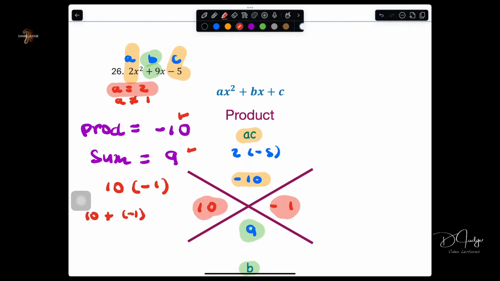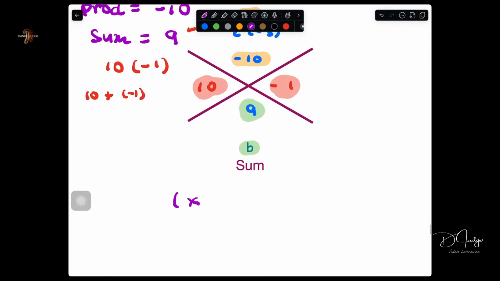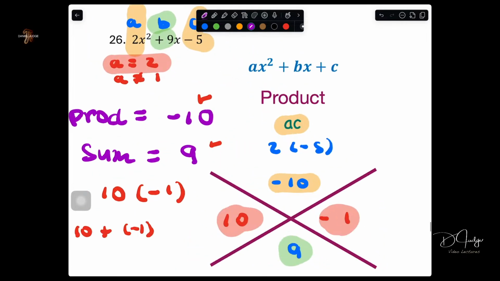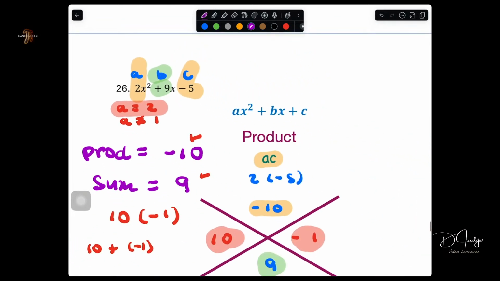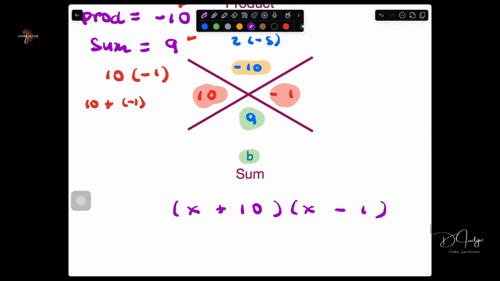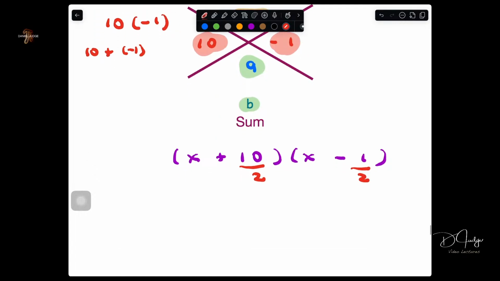These are the two numbers. All right. So we'll put down x plus 10 and then x minus 1. A is 2. So we have to divide both of those numbers we found by 2. See where there's a whole number answer. See where there's a decimal answer. And 10 divided by 2, by the way, is a nice whole number. So it's x plus 5.